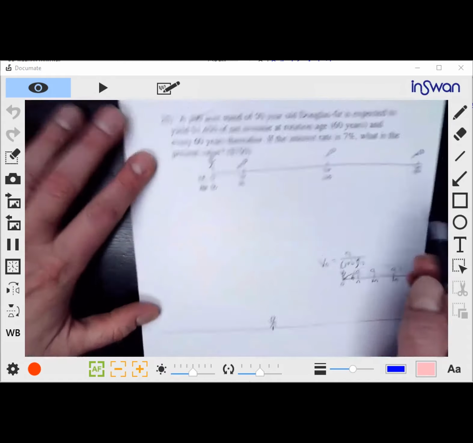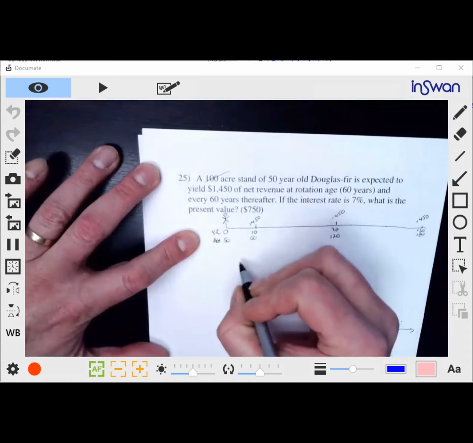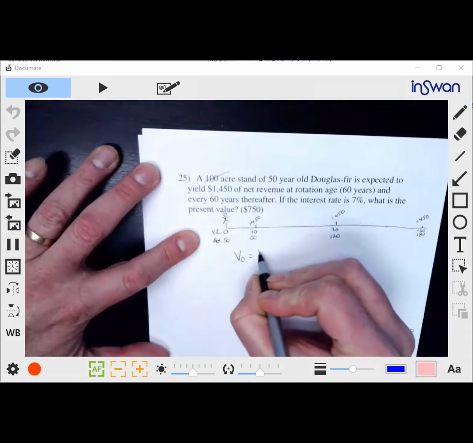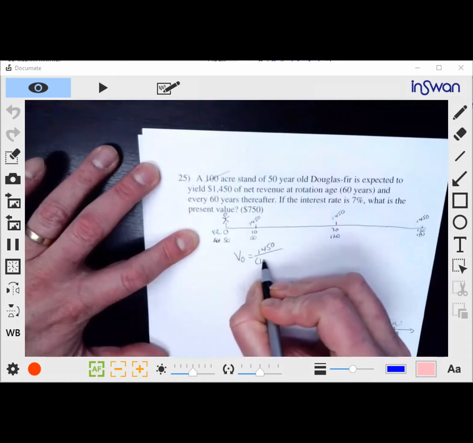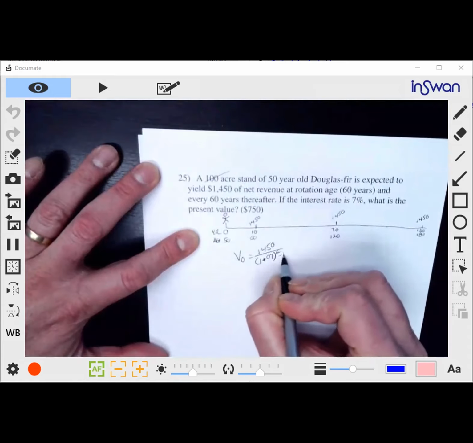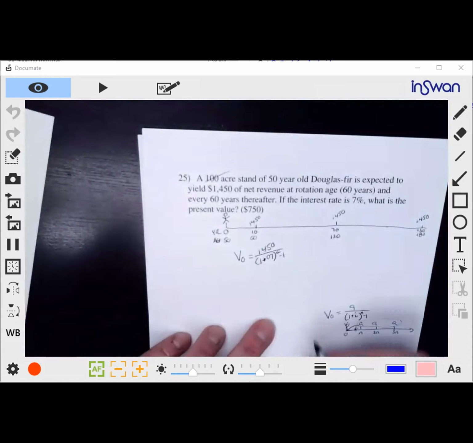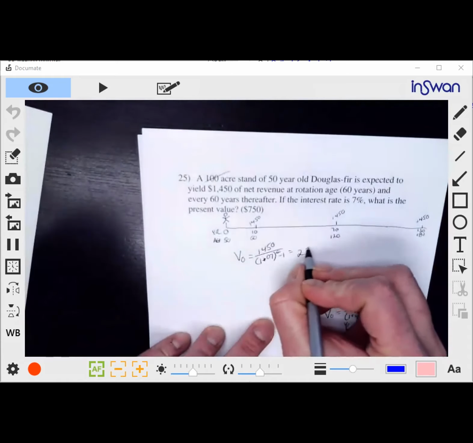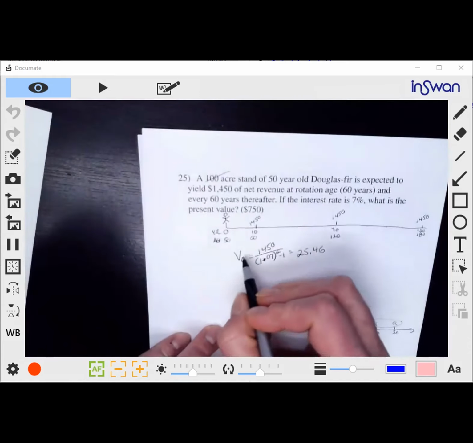So when I did this before, I applied my VO equals A over (1 plus I) to the n minus 1, where my A was 1450 and my 1.07 to the 60 minus 1. I could solve what that was, and that was $25.46.